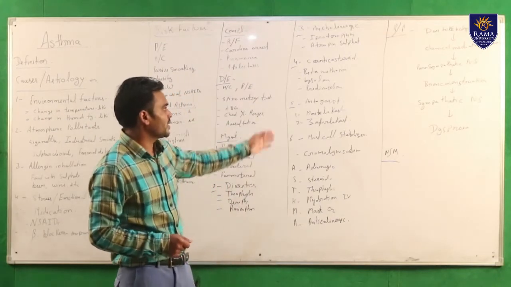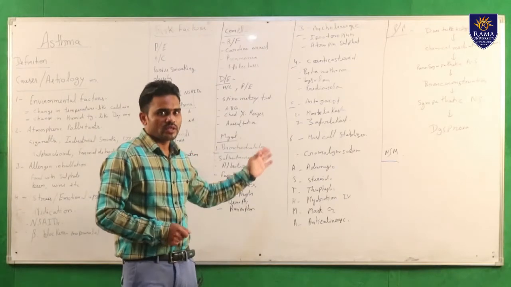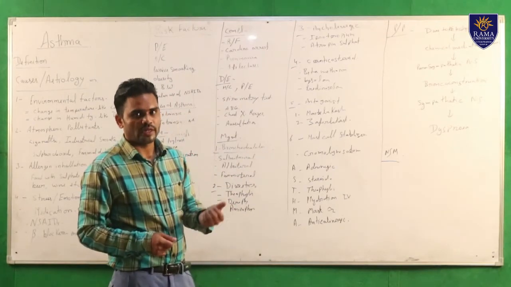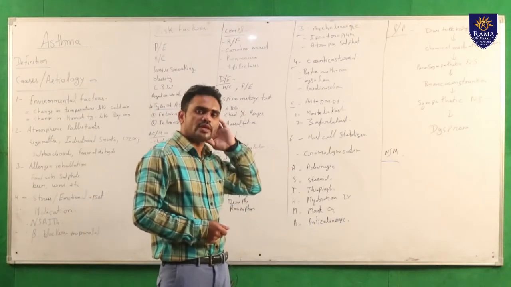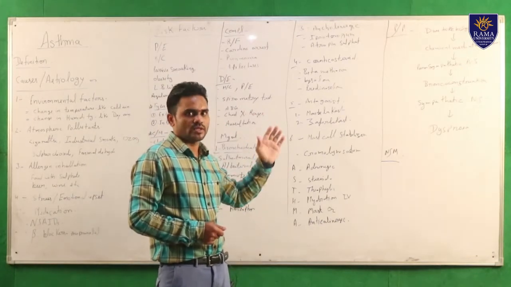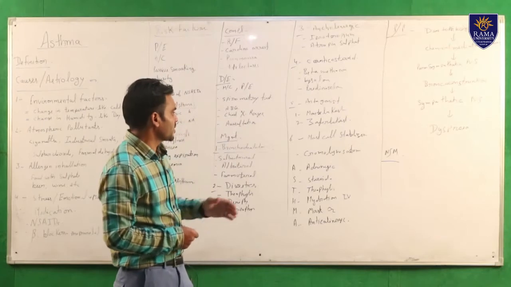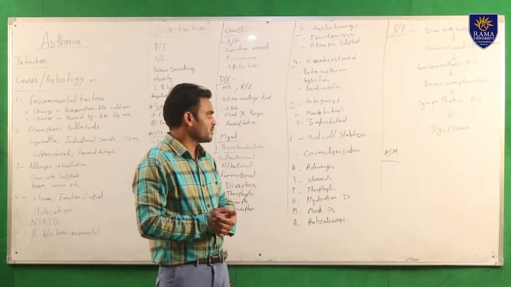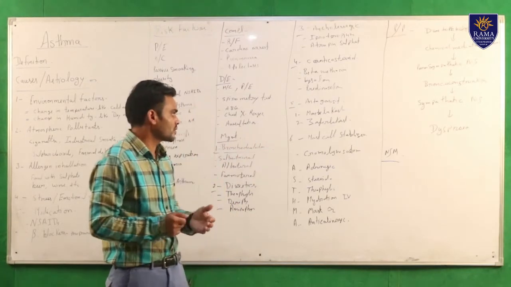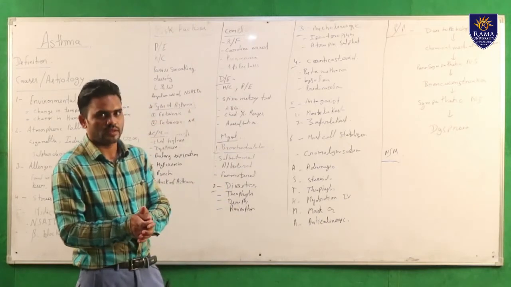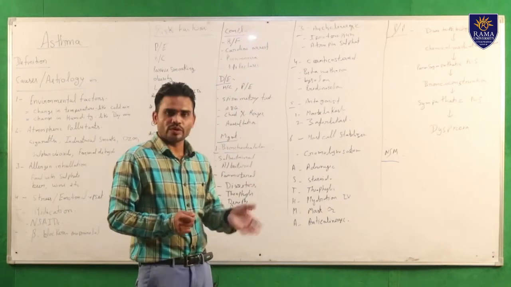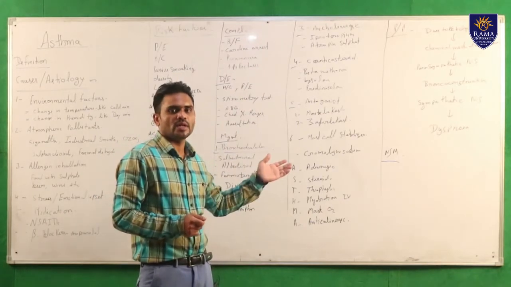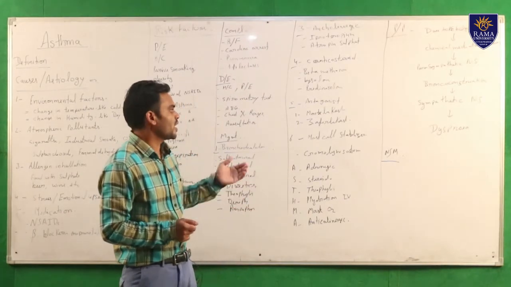Next, antagonist drugs like montelukast and zafirlukast, these two medications. Next is mast cell stabilizers, which control the mast cells for the asthma patient, like cromolyn sodium. This is the function of the mast cells.